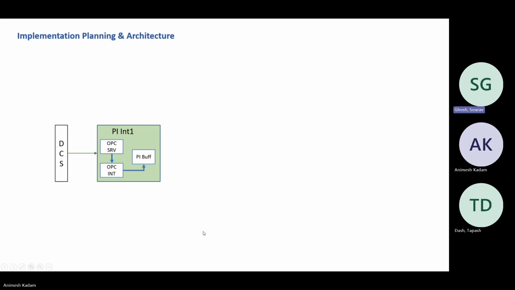So tell me one thing, Animesh. Let's suppose in a Pi node, there are multiple Pi interface instances available, and those instances are referring to different servers. It's possible, right? Yes, it is possible.